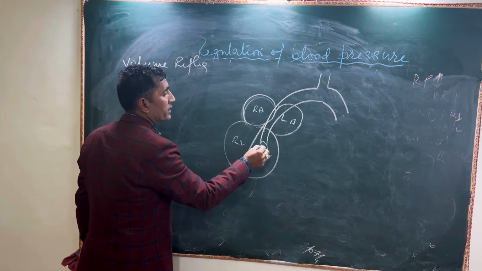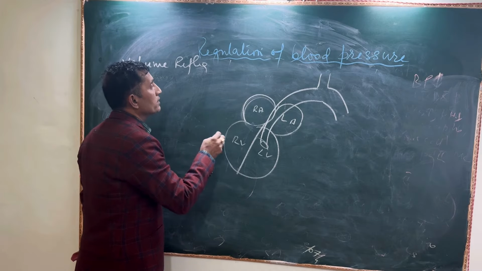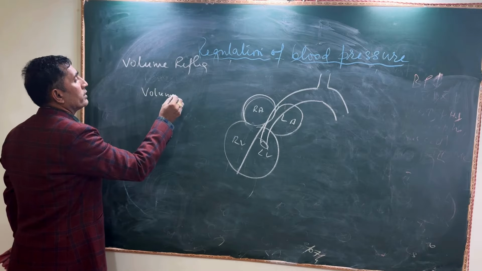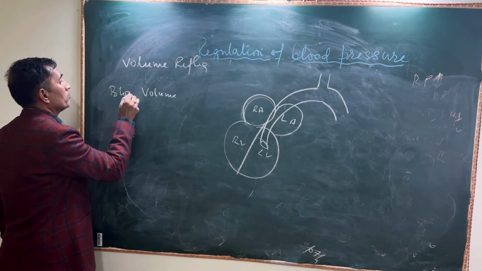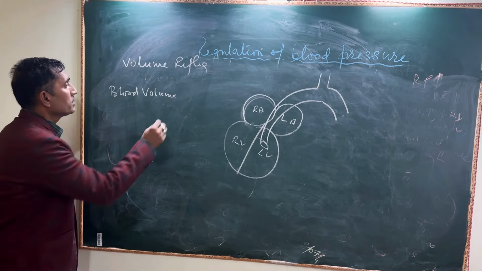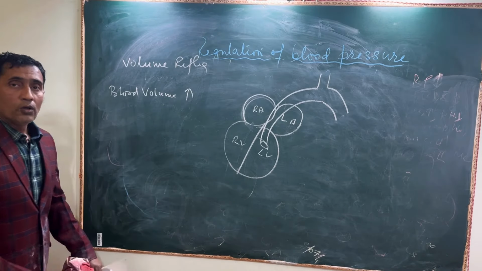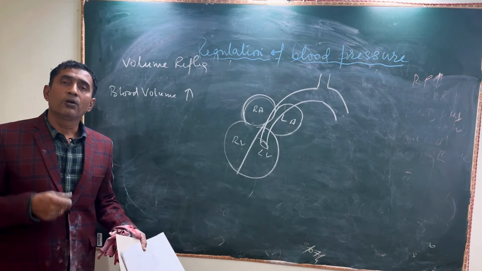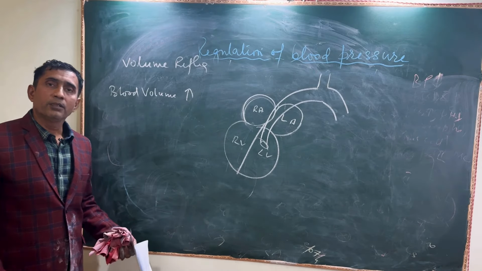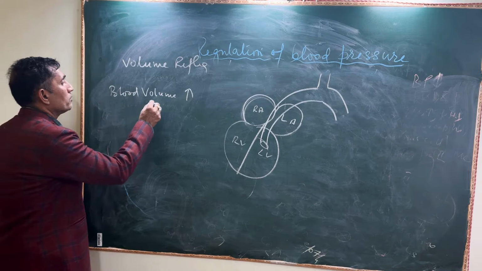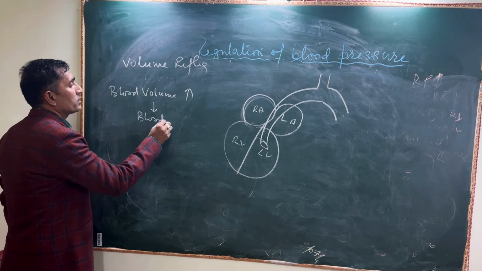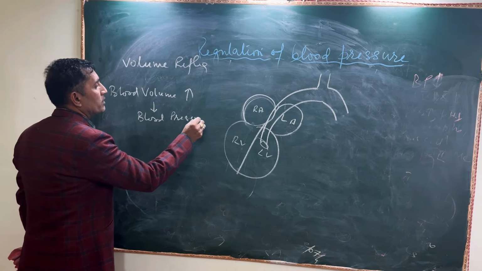I am talking about blood volume. Blood volume can be increased by infusion of blood or by infusion of saline. So if blood volume is increased, then what will happen? The blood pressure can also be increased.